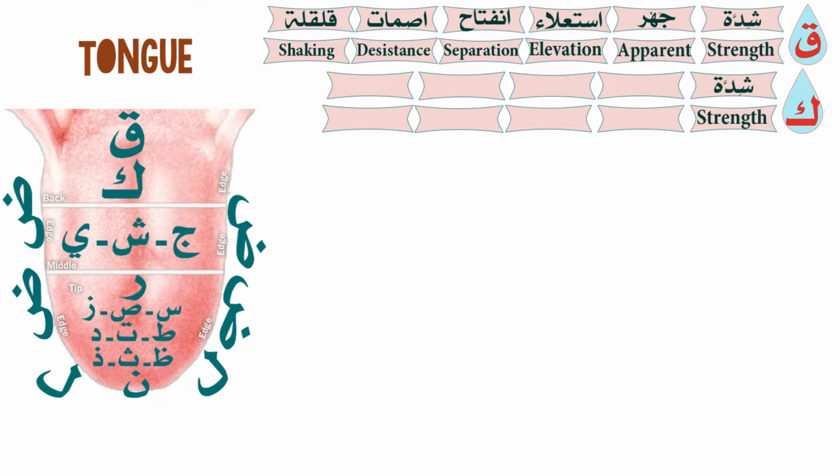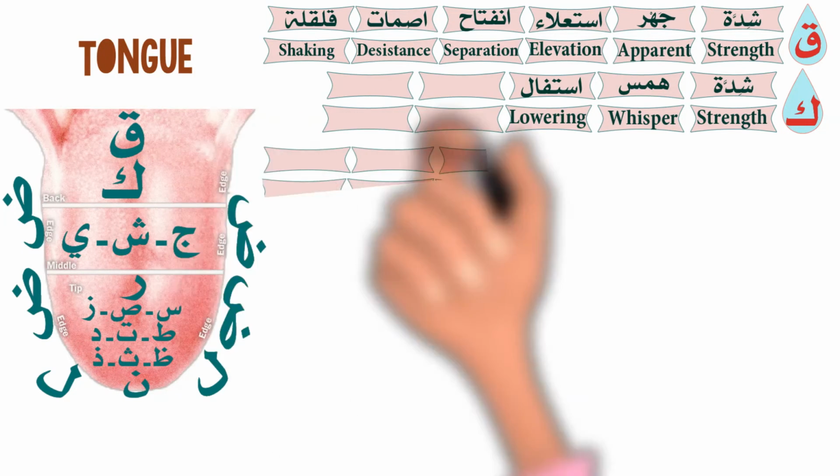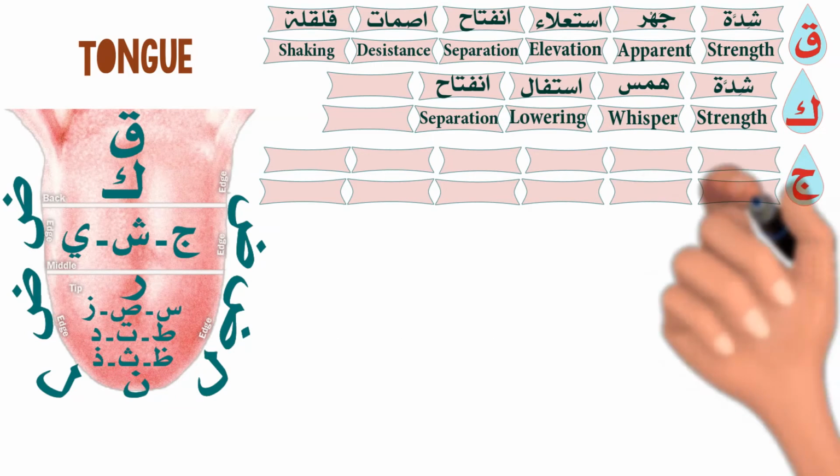Then the kaf, which has shidda, strength, hams, whisper, استفال, lowering, انفتاح, separation, إصمات, resistance.